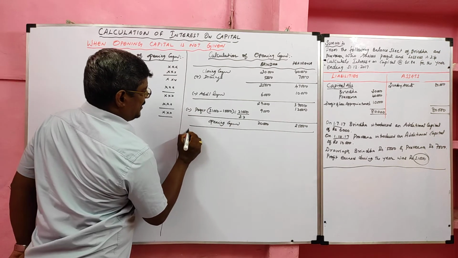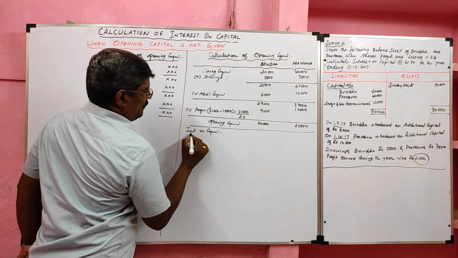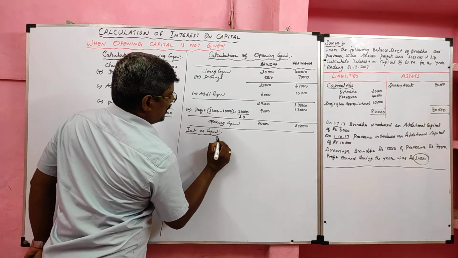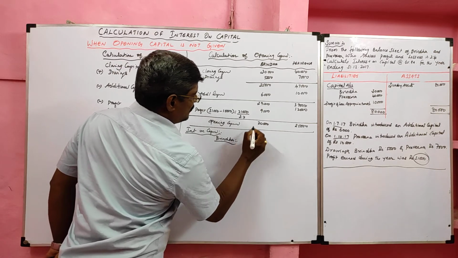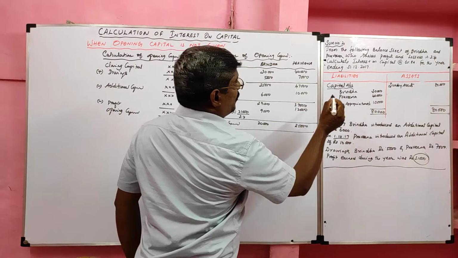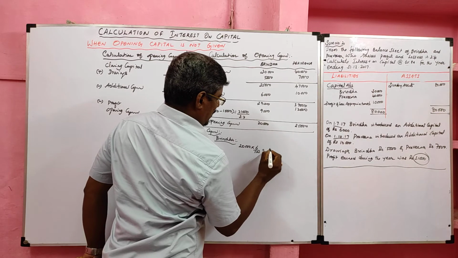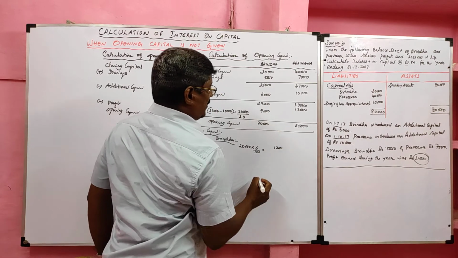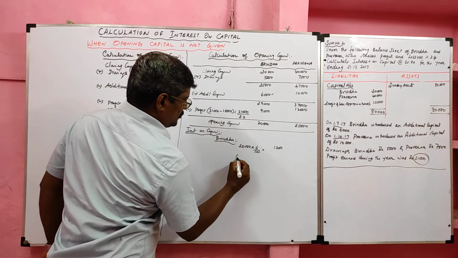Now we are going to calculate interest on capital. Interest on capital first for Brinda. Her opening capital 20,000. On that we should provide 6% per annum interest, so the value is 1,200. Her additional capital is 6,000.